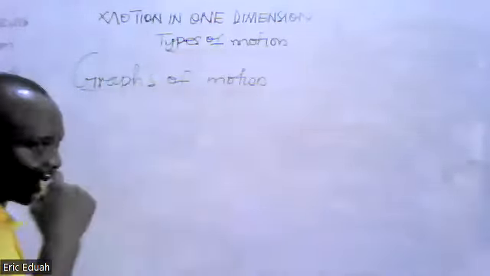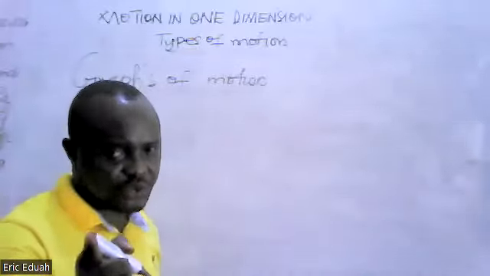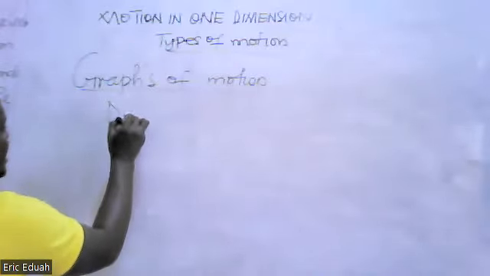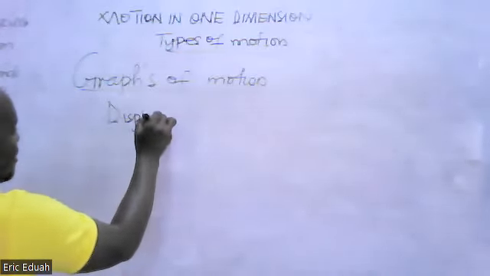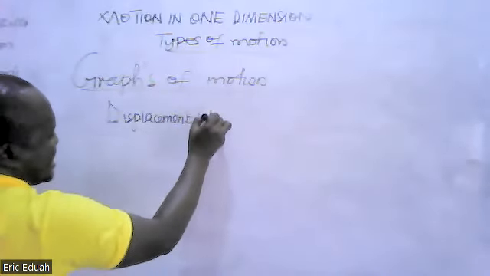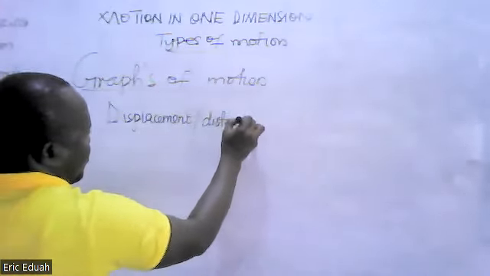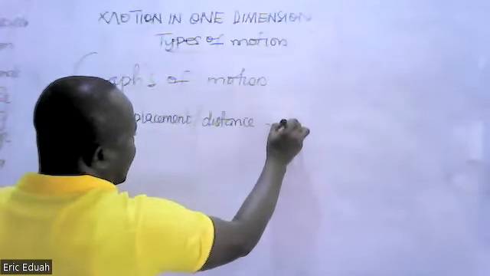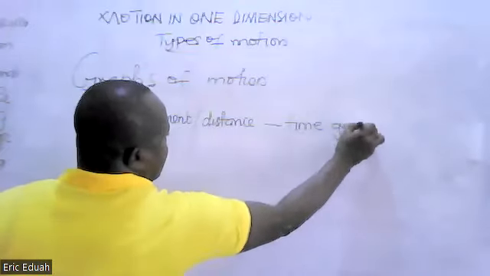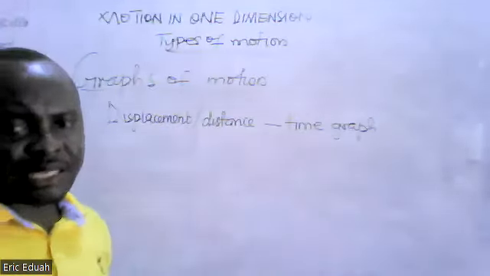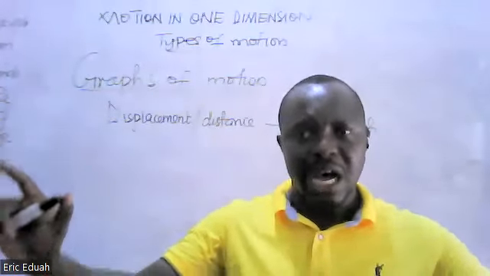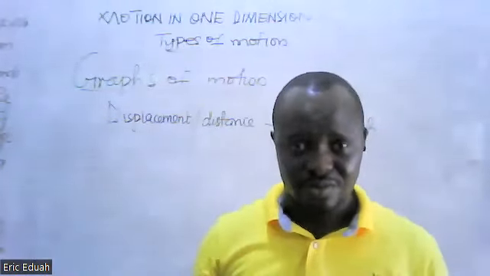So what are some of the graphs we can plot in this regard? We can talk about what we call displacement slash distance dash time graph. I earlier said distance and displacement by magnitude have the same value.